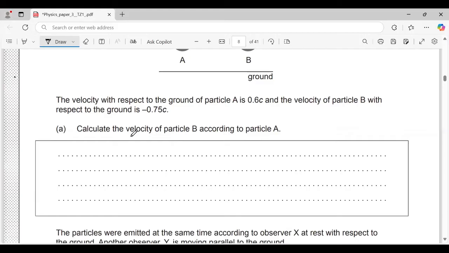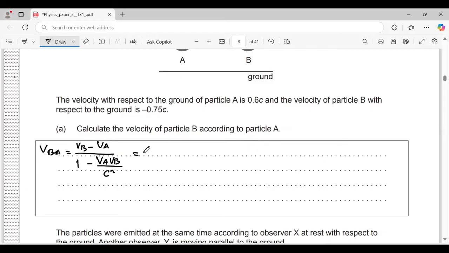The formula is like this: velocity B to A is equal to velocity B minus velocity A, over 1 minus VA VB over c squared, right?